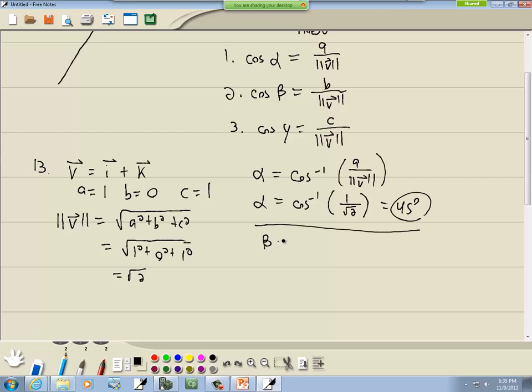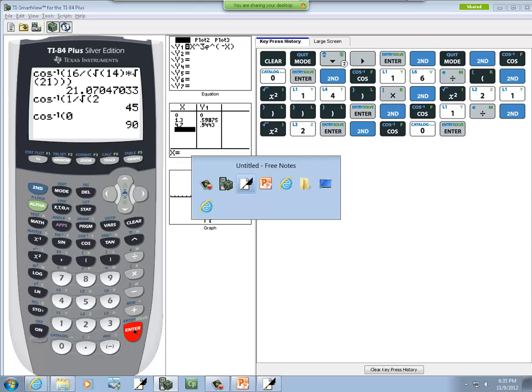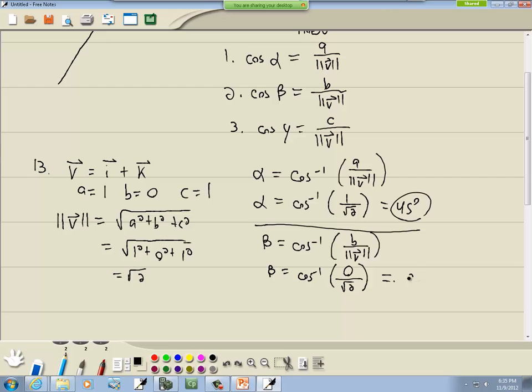And then to find our second angle, we're going to have B over the magnitude. So B was 0. So 0 over the square root of 2, which is 0. So we do our inverse cosine, put in 0, 90. And then our last one.